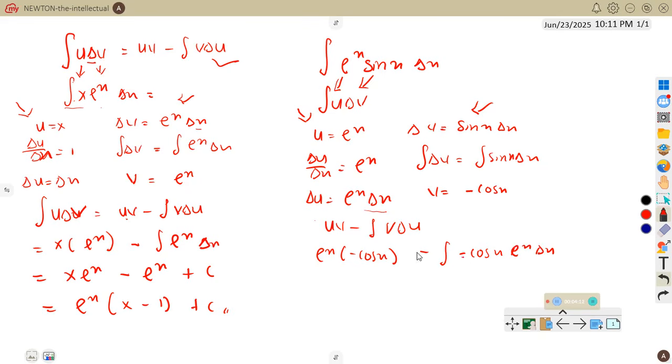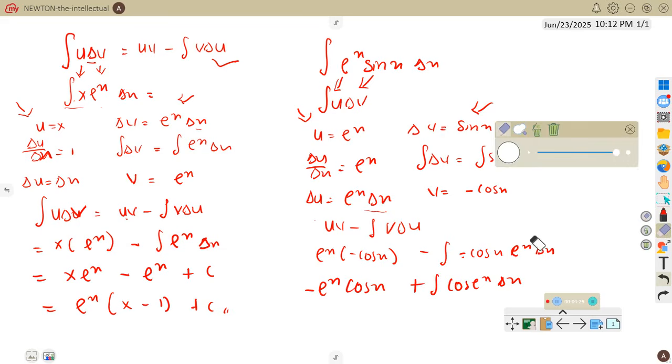Now we have a negative here and a negative here, they will multiply and give us positive. So we have minus e^x cos x plus the integral of e^x cos x dx. Sorry, it's not cos e^x dx, it's e^x cos x.